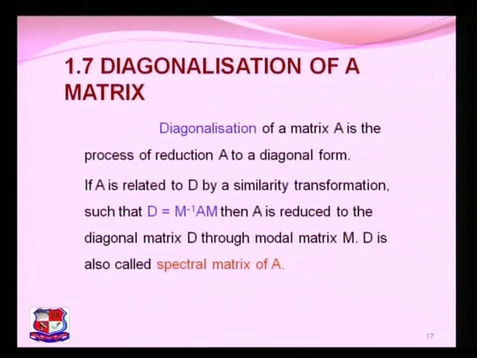So if we want to find the diagonal matrix D, then we need to find M inverse into A into M, right?